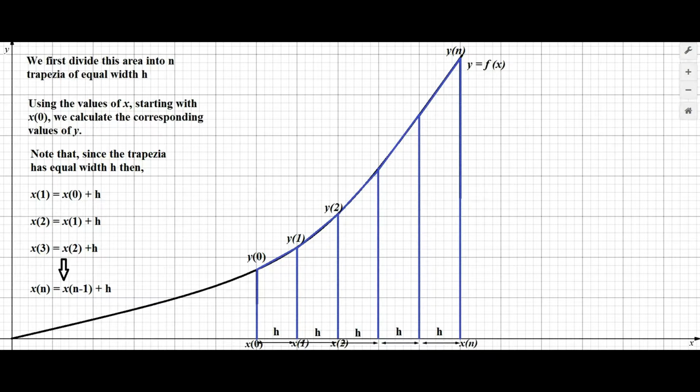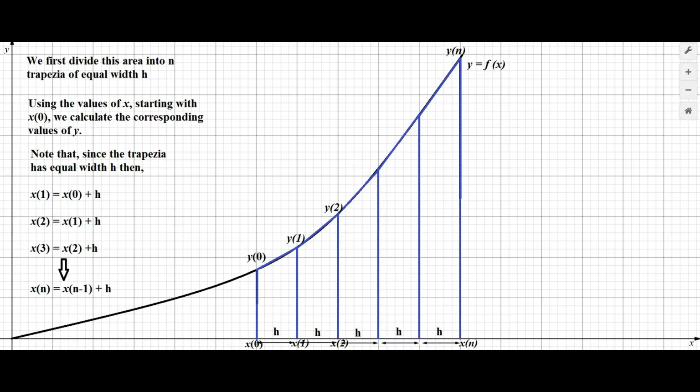Each of these trapezia has equal width; they all equal h. So if the first x value is x0, to work out the next x value, x1 will be x0 plus h.